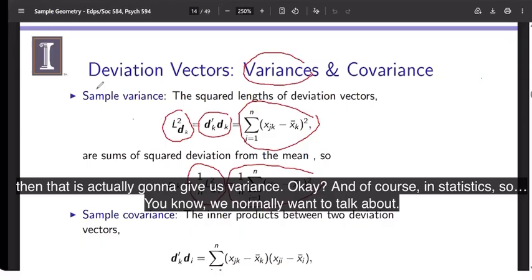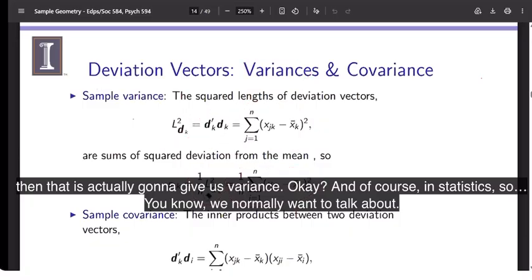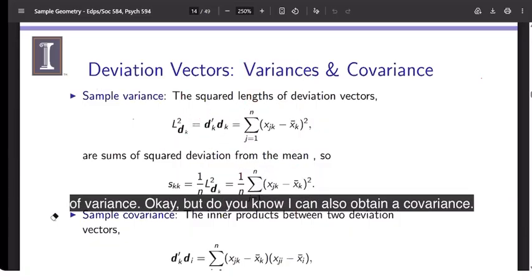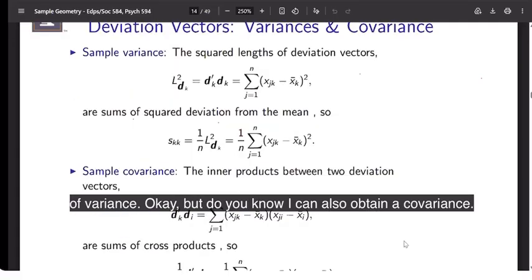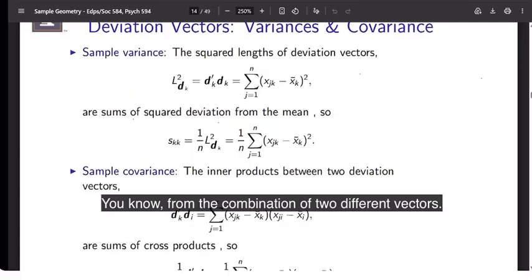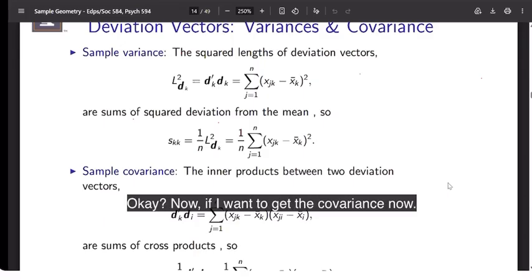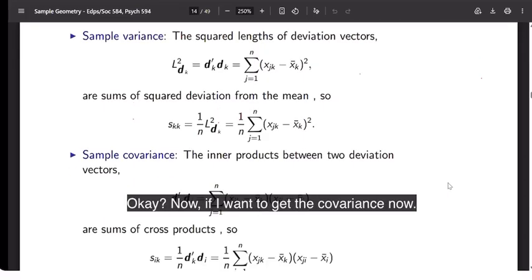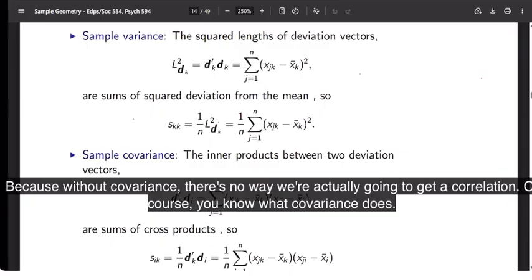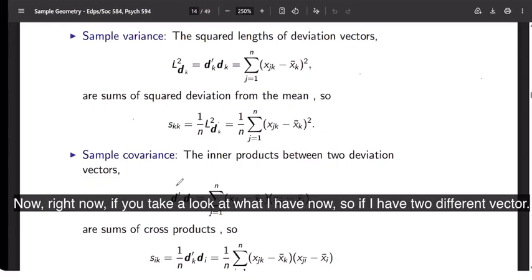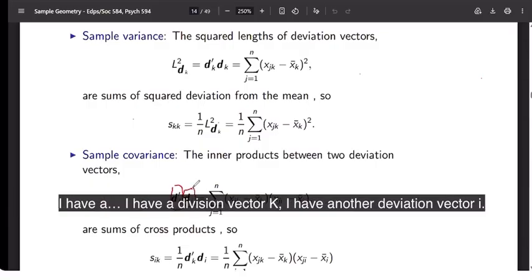But do you know I can also obtain the covariance from the combination of two different vectors? Because without covariance, there's no way we're going to get to correlation. Of course, you know what covariance does. Right now, if you take a look at what I have, I have two different vectors: a deviation vector K and another deviation vector I. Can you see that?